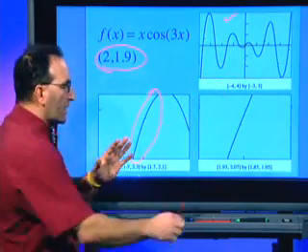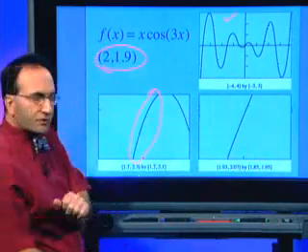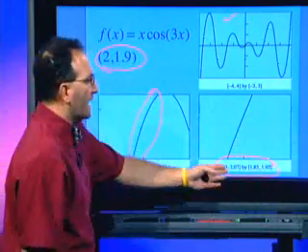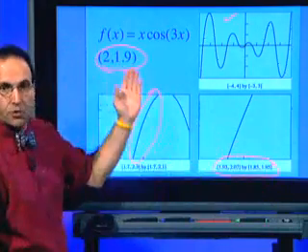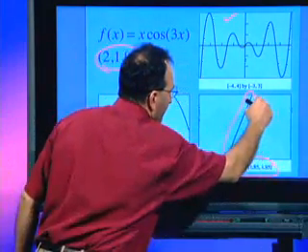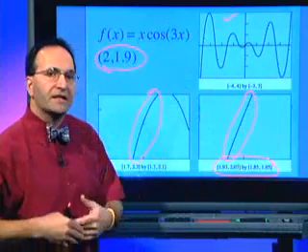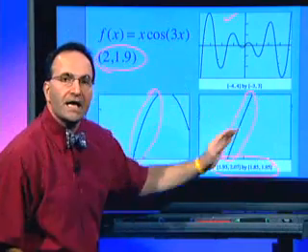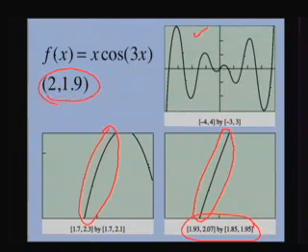And when we zero in even closer, using a window that gets us even closer to (2, 1.9), it's getting even straighter. That's what we mean when we say it's locally linear: when you zero in on a specific point, you can see that it's approaching a straight line.